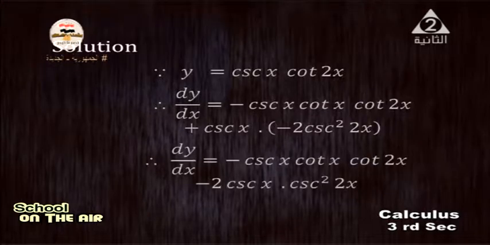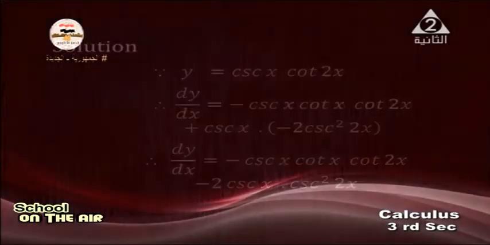Then dy dx equals negative cosec x cotan x multiply cotan 2x minus 2 cosec x multiply cosec to the power 2 2x.